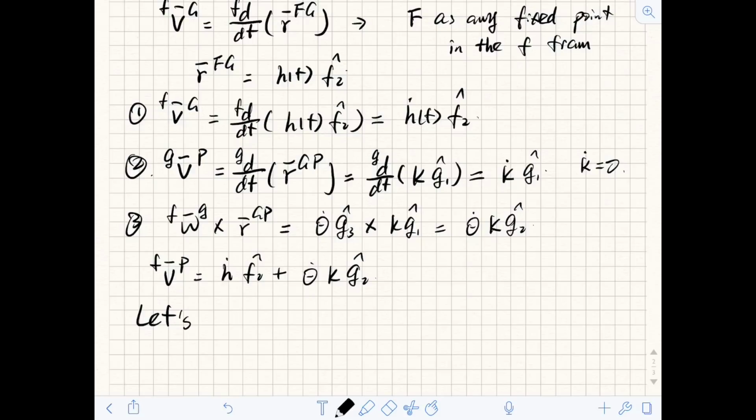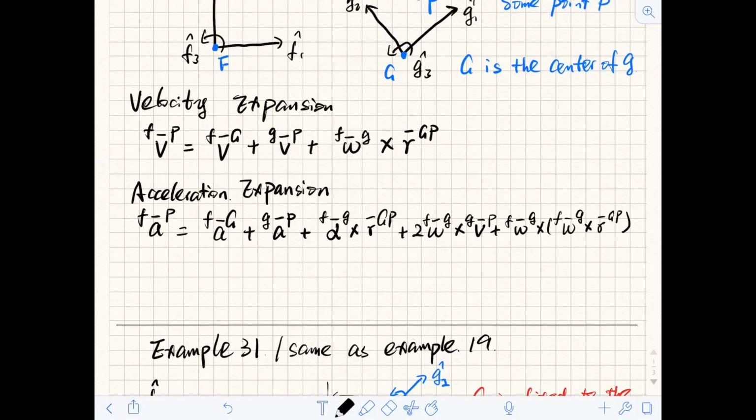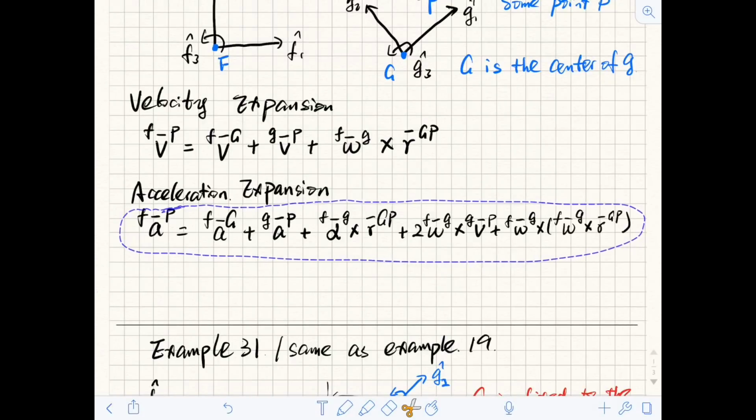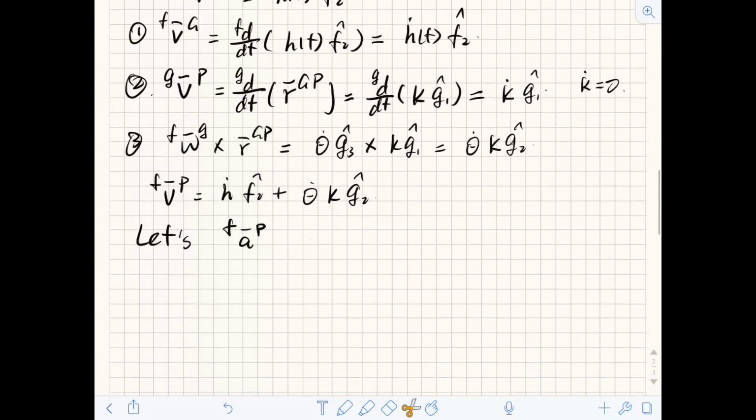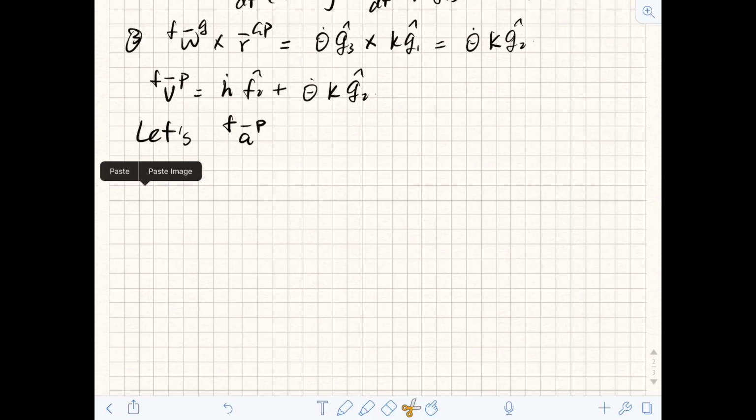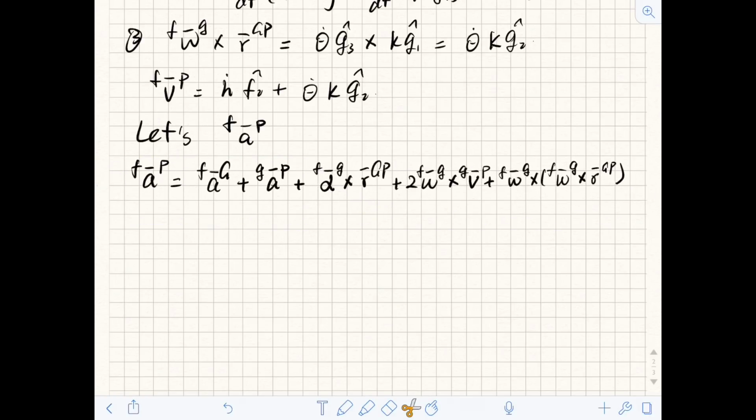Now let's go ahead and find the acceleration of point P in F, and let's use the equation that we have before. Let's work out this term by term. This is 1, 2, 3, 4, and 5.